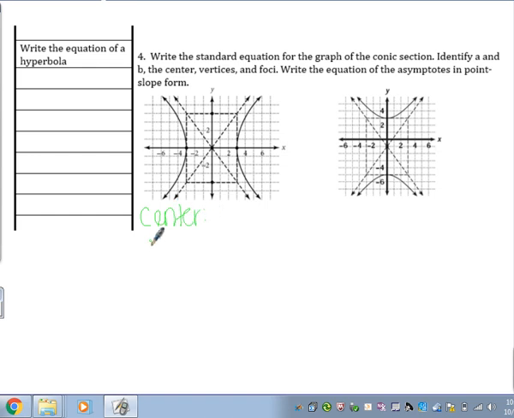I need A. I need B. And I also need to know what I'm going to put in front of the subtraction. Is X going to be before subtraction or is Y? X. And we know X is before subtraction because the branches are left and right.